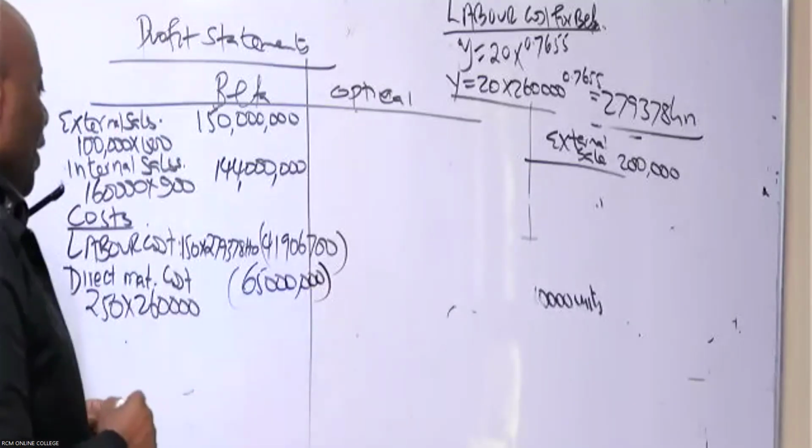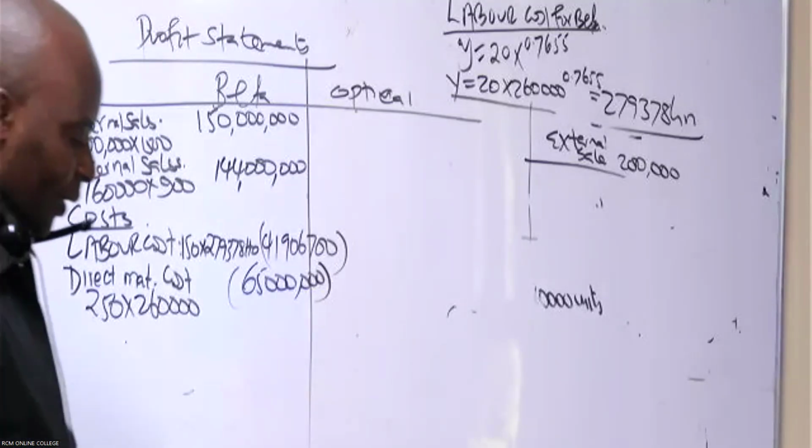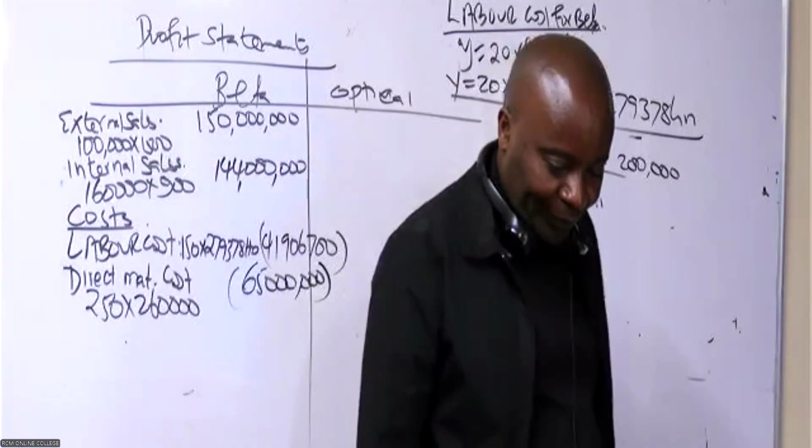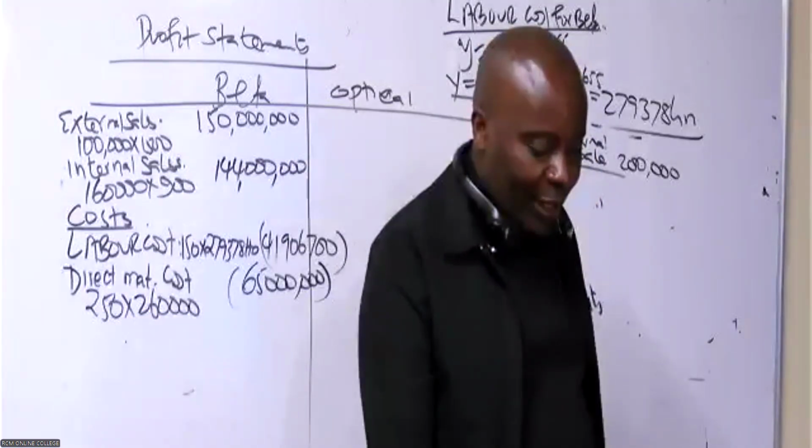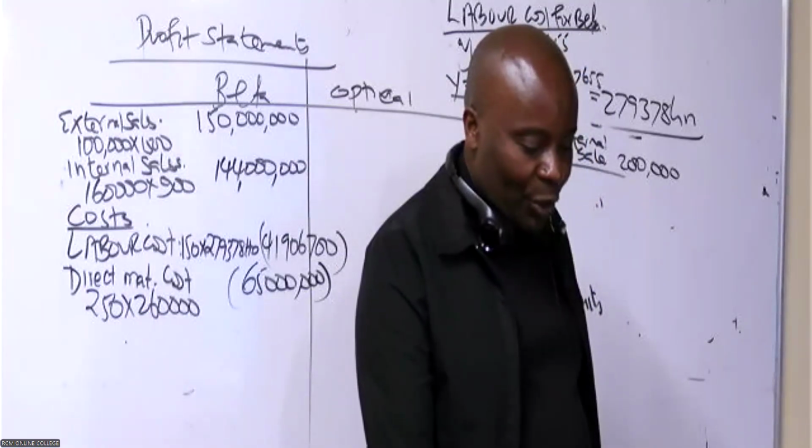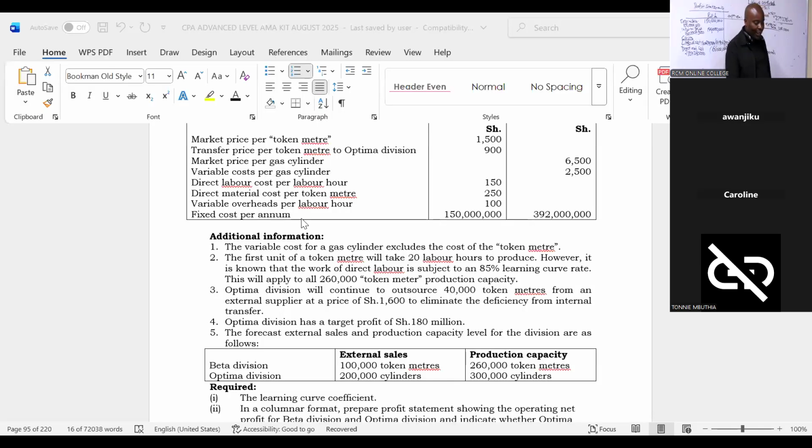So do we have any other item? Before fixed cost, we don't have any other item in between. We have variable overheads in between there. You can see variable overheads. These variable overheads, I should take what times what? 100 times 260,000?